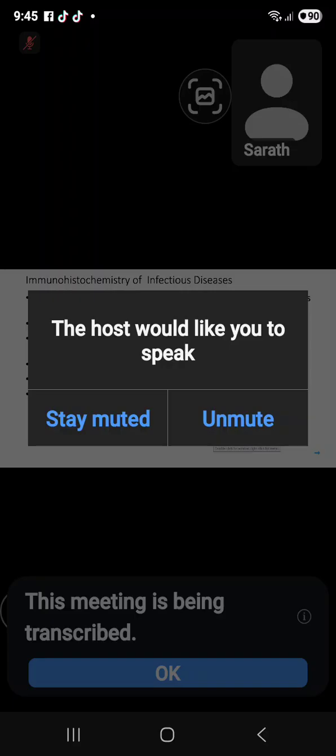Then you can use IHC for the diagnosis of infections caused by infectious diseases, because some organisms are difficult to grow and require long incubation. Examples of bacteria: Helicobacter pylori, which causes gastritis; Treponema pallidum, the spirochete of the sexually transmitted disease syphilis; and some mycobacteria.